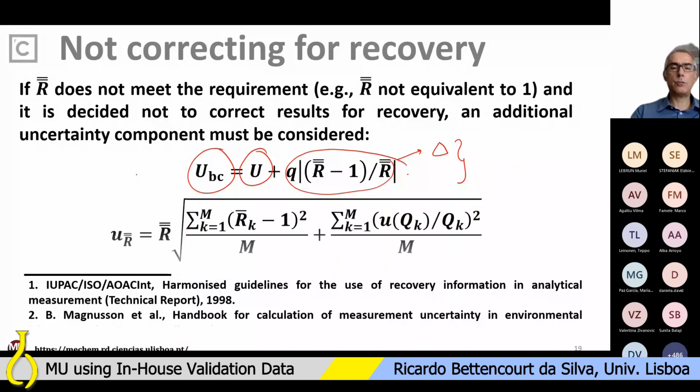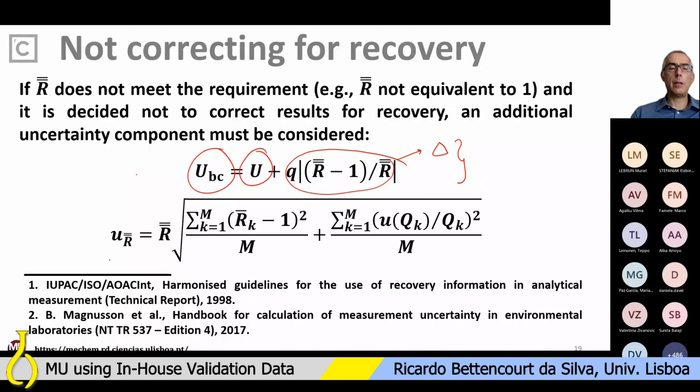The Nordtest Guide suggests another way of dealing with results not corrected for recovery. In fact, the Nordtest authors say that you can even use this formula for results corrected for recovery, but if you take your bias value, you can use this formula to increase your uncertainty for cases where you did not correct for recovery.